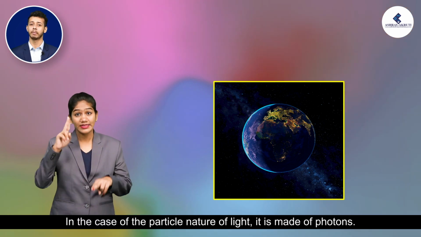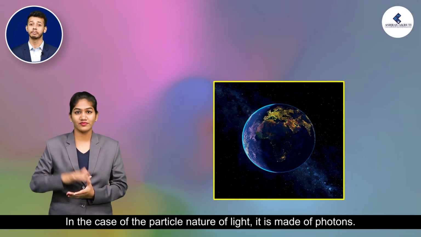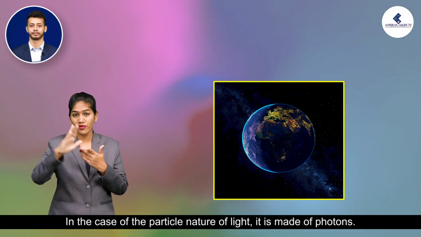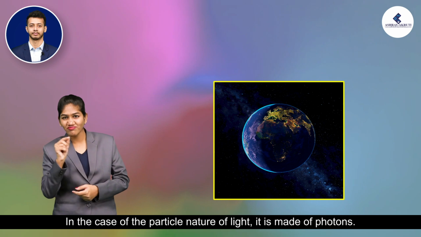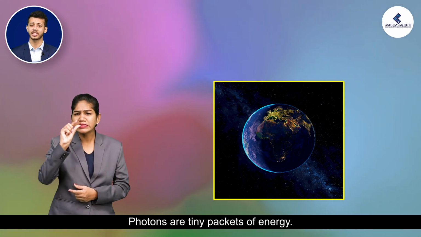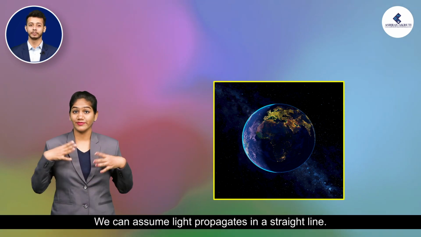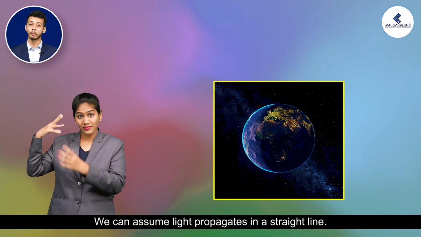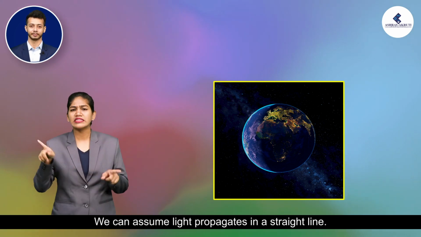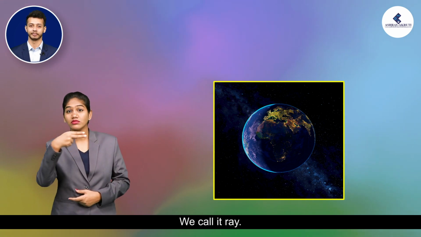In the case of the particle nature of light, it is made of photons. Photons are tiny packets of energy. We can assume light propagates in a straight line. We call it a ray.